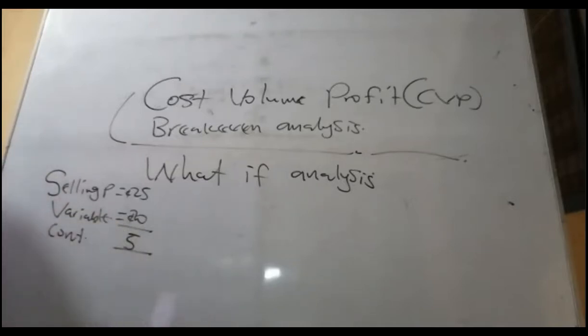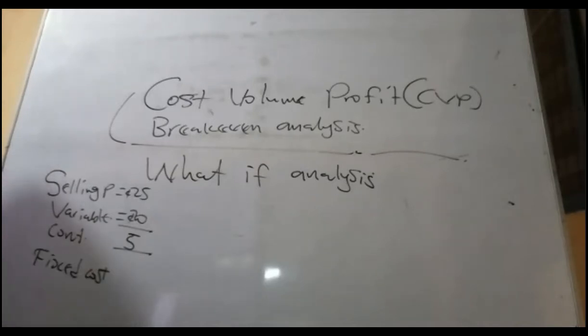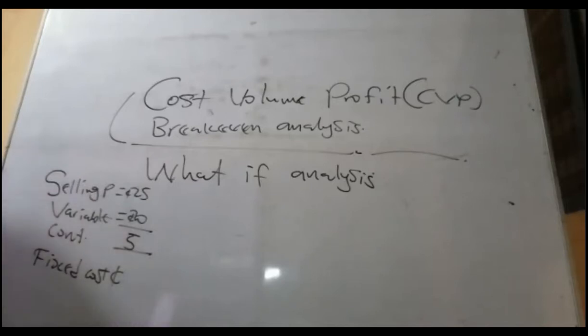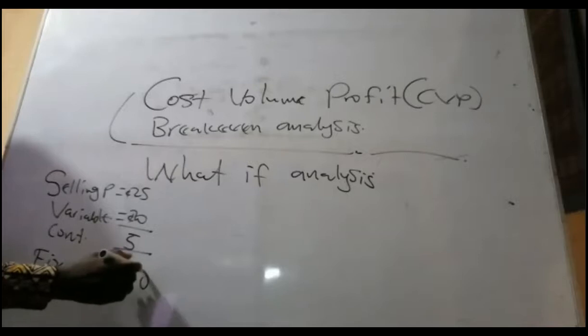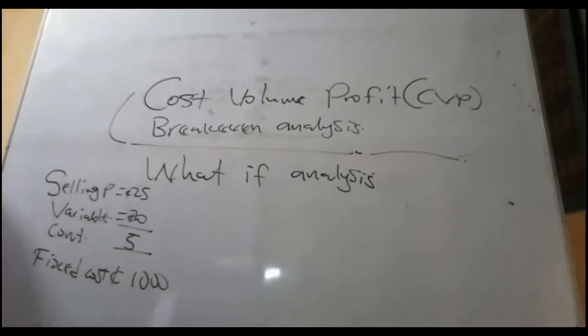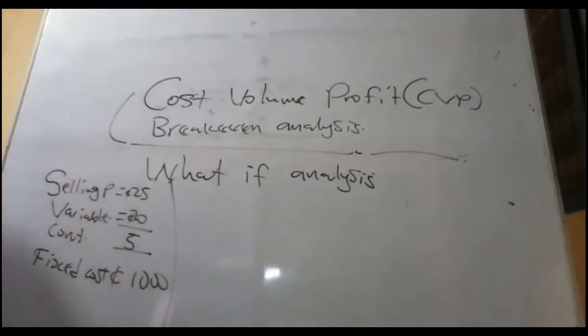Okay. Now I can ask you these questions. Let me add one more item. Fixed cost. Let's also assume that this company's fixed cost is just 1,000 cedis. That's the fixed cost, 1,000 cedis. Now let's perform a small exercise.